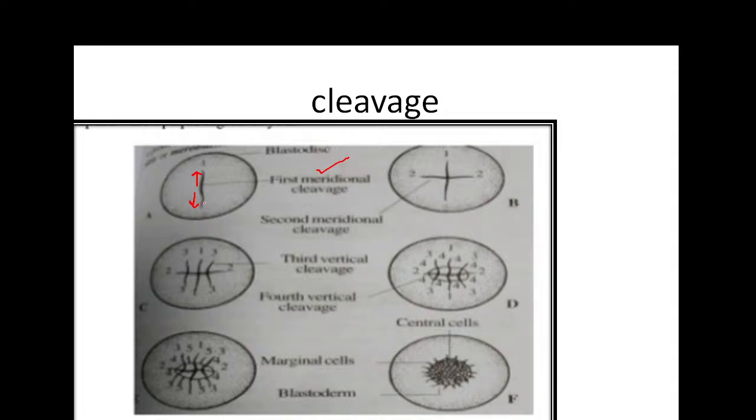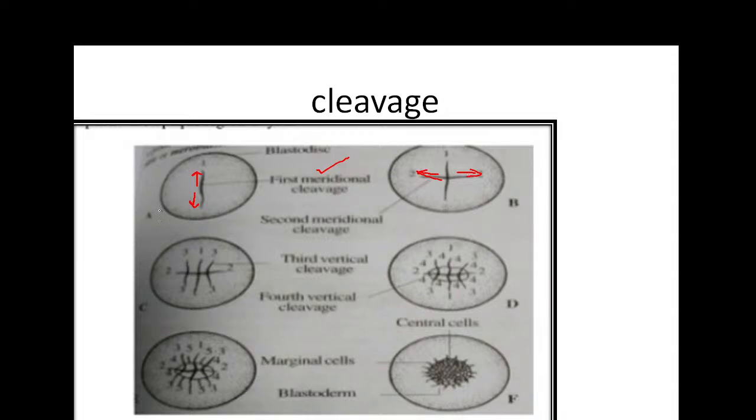Meridional cleavage, just recollect what you learned in the previous class, is the cleavage line which passes through the animal-vegetal axis. So the meridional cleavage is the first cleavage. And the second cleavage, here you can see, is also meridional.